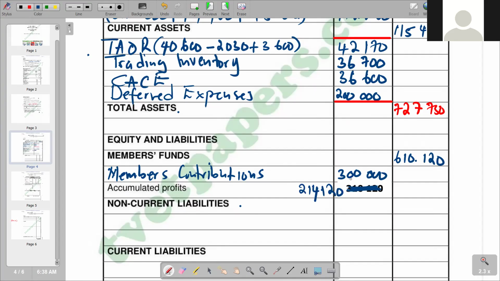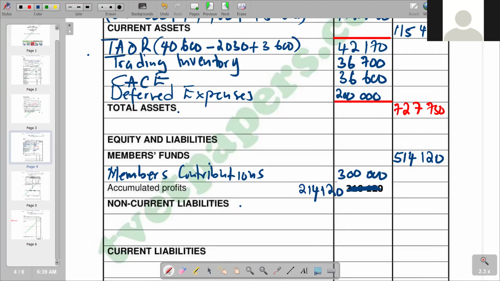If we add 300,000 plus 240,120, we are going to get a total for members' funds of 540,120. So this is what we have for that part.